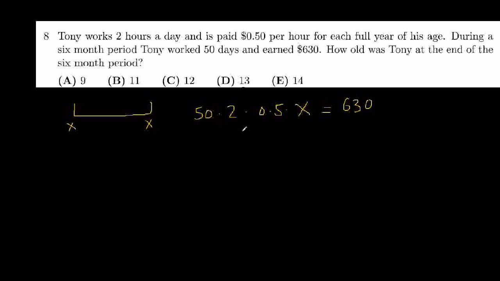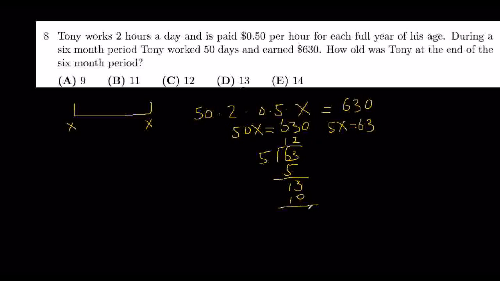We have 50X equal to 630, and that is 5X equal to 63. So we have 63 divided by 5, which is 12.6 years old. That gives us a hint that Tony is probably around 13 years old at the end.